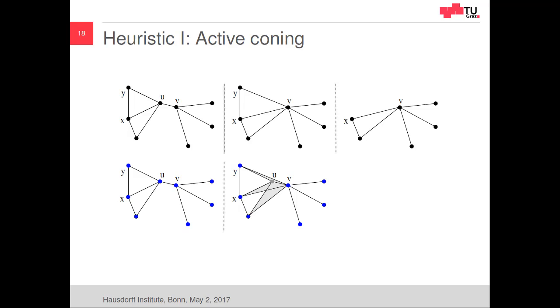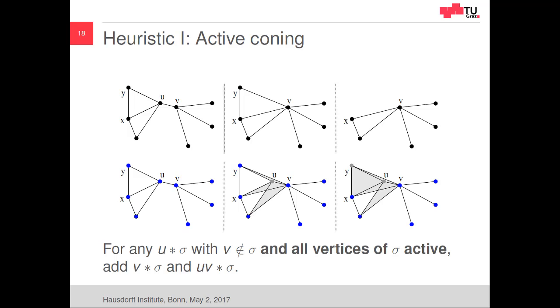Yeah? And the coning rule is now, once we do the same as before, so when u and v are contracted, we copy everything attached to u, also to v, but we do this only for the active simplices. So if a simplex becomes inactive, we never look at it anymore. It is still there, but we don't copy it around. Yeah? So that's step number one.